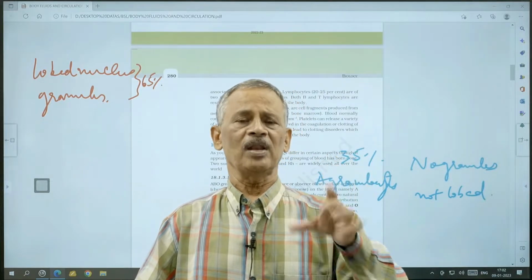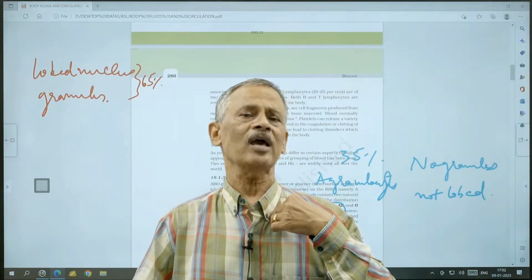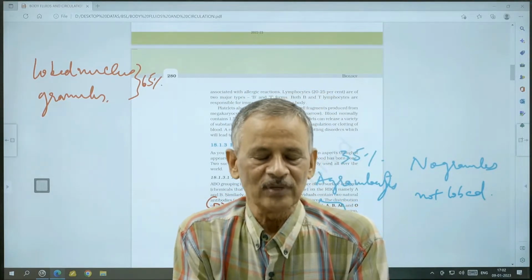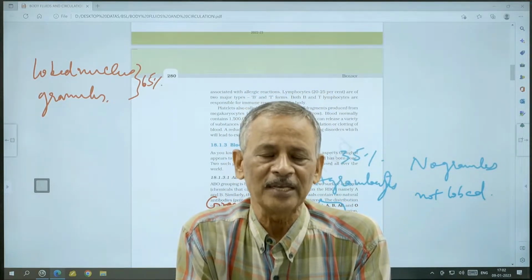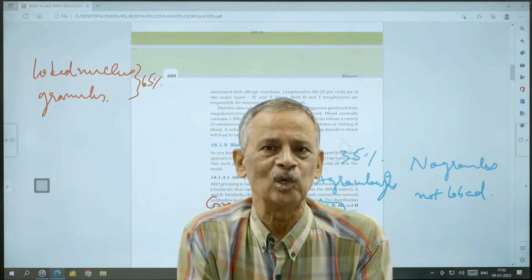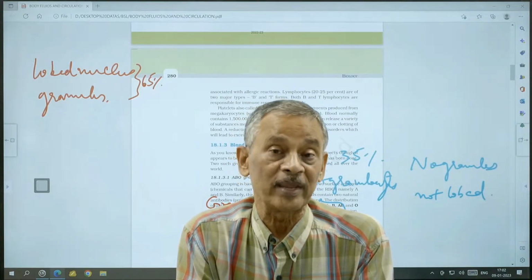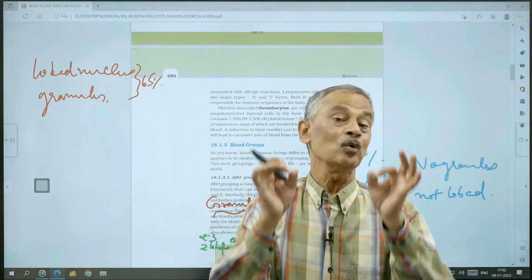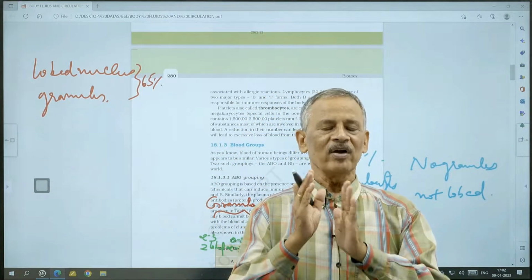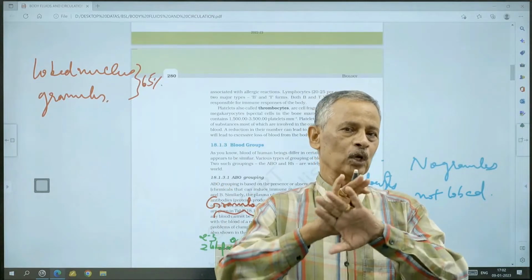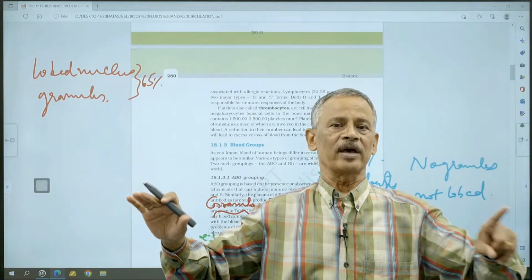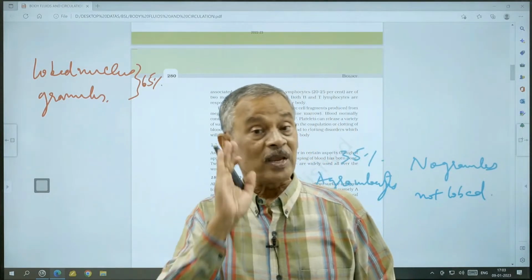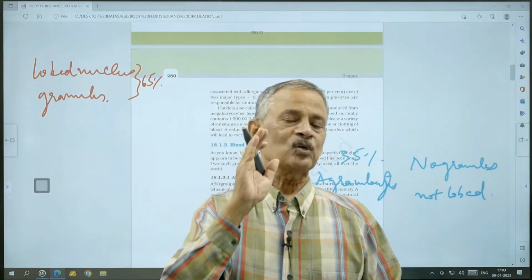Say for example, I am having only A antigen in my RBC, then I belong to A group. If another man is having B antigen only, it is called B group. Some persons may have both A and B antigen, they are belonging to AB group. Whereas others will be having no antigen at all. They are called O group or zero group. So it is based upon the presence or absence of antigen.